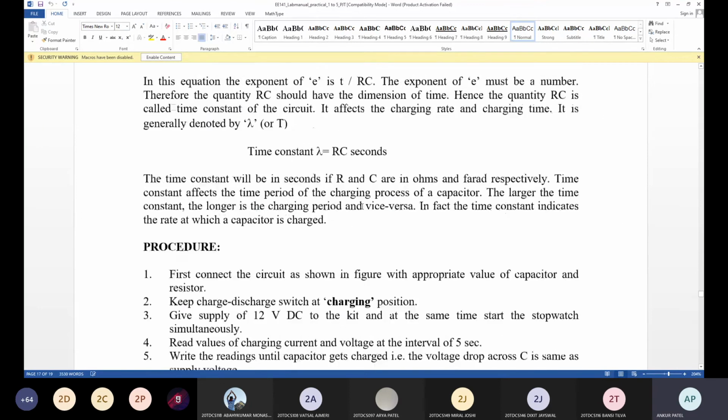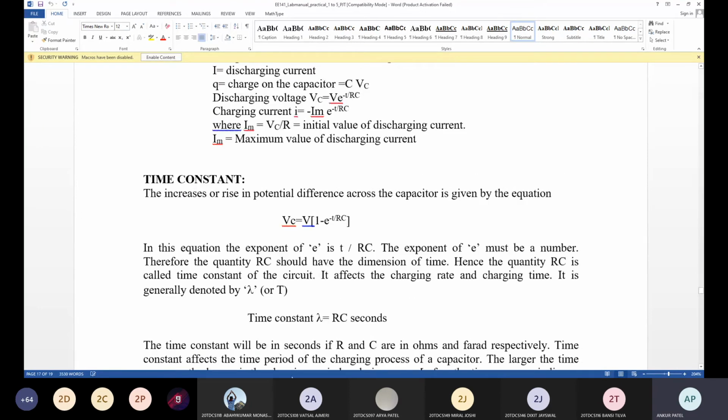Okay, just wait. I am showing you one KVL KCL diagram. In that we have one practical circuit diagram, and you have to apply KVL and KCL practically.